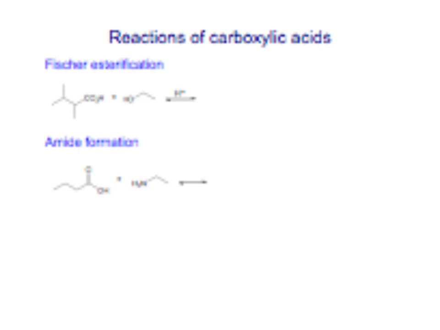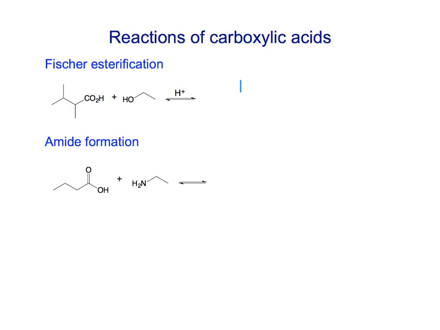All we have to do is draw out this carboxylic acid. We take off the OH of the carboxylic acid, add the O of that alcohol, and we get a product like this, plus water. We've already done this reaction, we went through the whole mechanism.